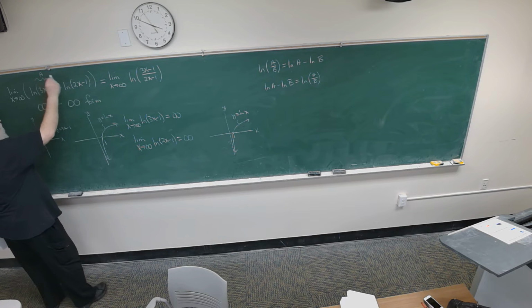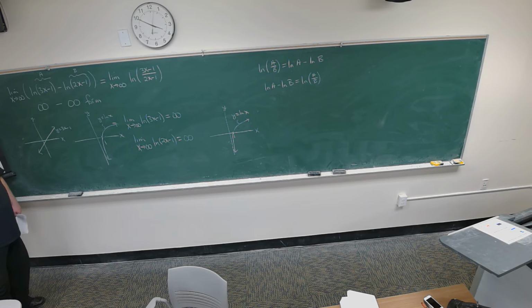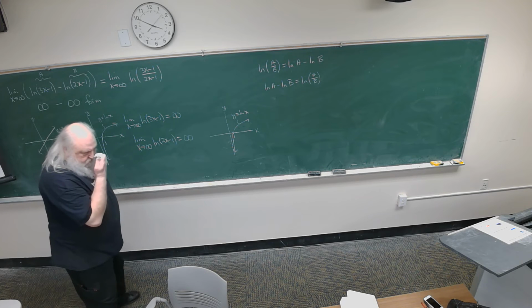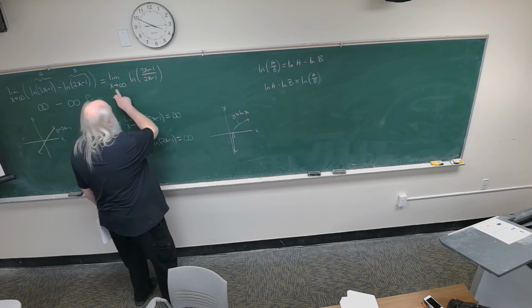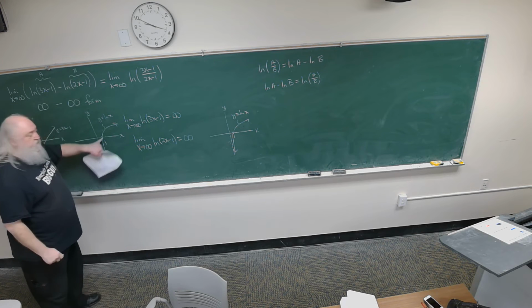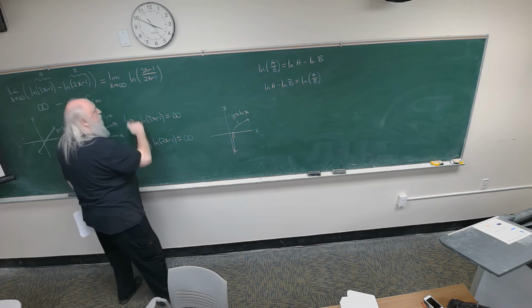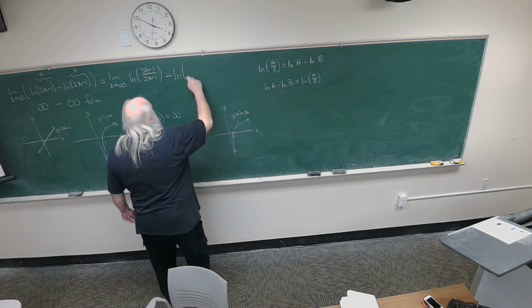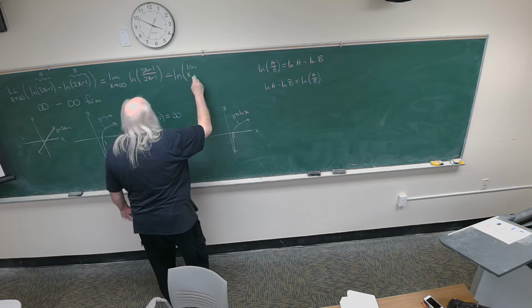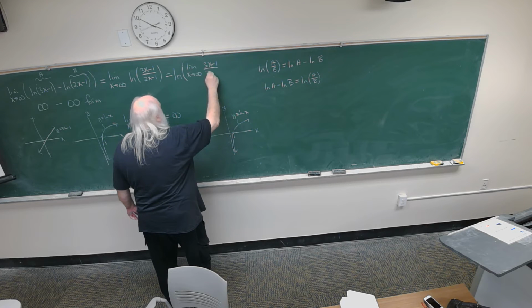This is my A, this is my B. Well, from the limit laws that we studied at the beginning of the semester, since the natural log function is a continuous function, you can bring the limit inside the argument of the natural log, and we have the natural log of the limit as x increases without bound of 3x minus 1 over 2x minus 1.